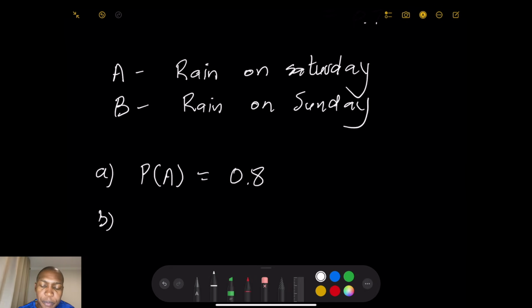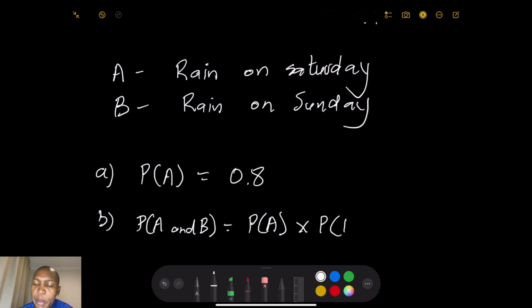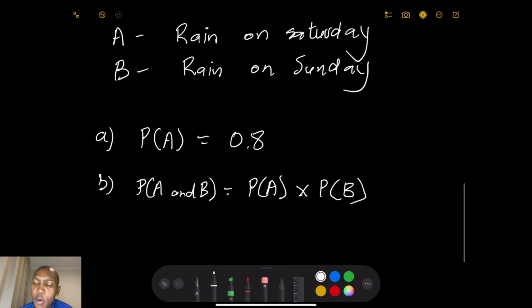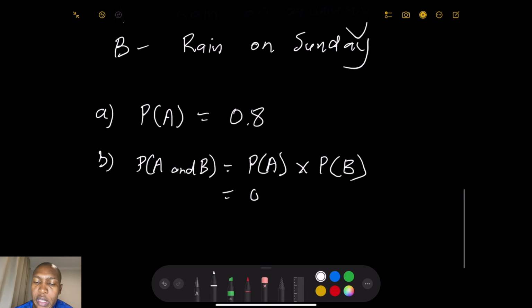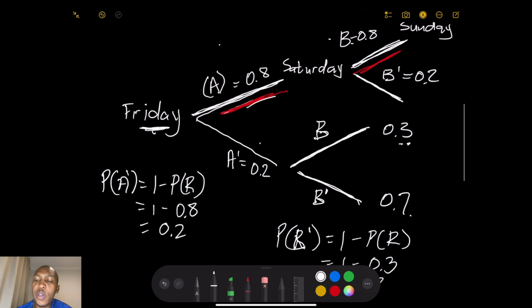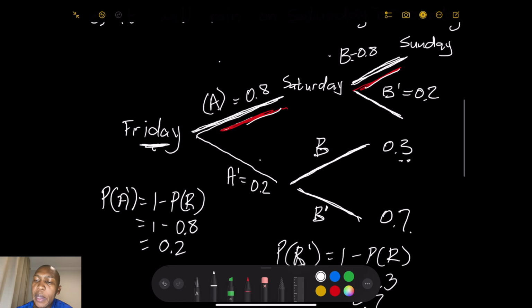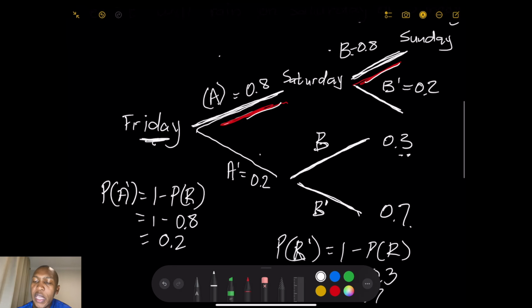In that case, the probability of A and B would be the probability of A multiplied by the probability of B, provided that A occurred. In this case, that would be 0.8 multiplied by 0.8. So remember, it's the probability of A multiplied by the probability of B in that case.